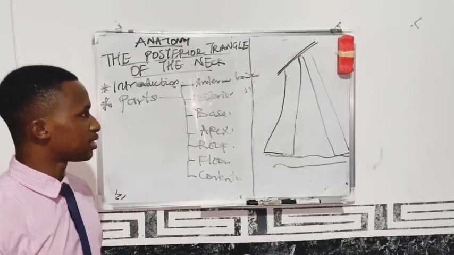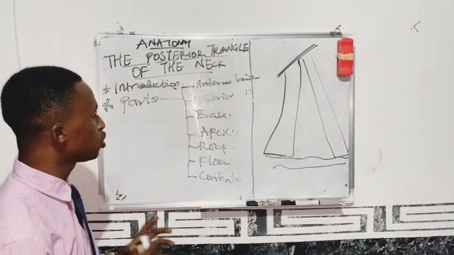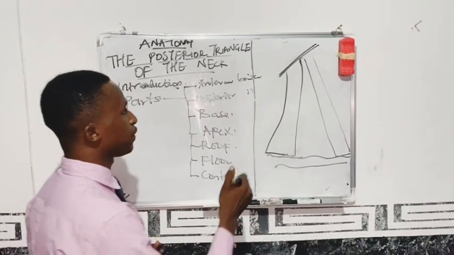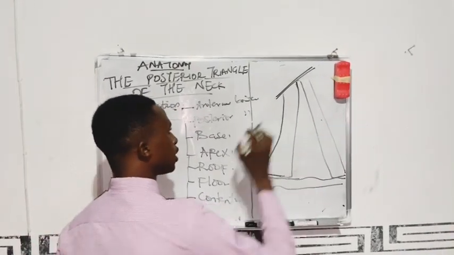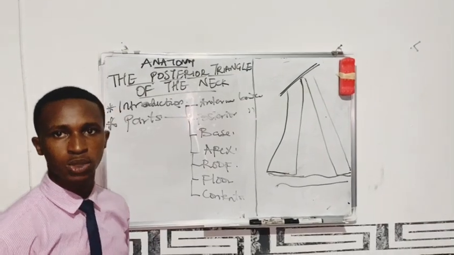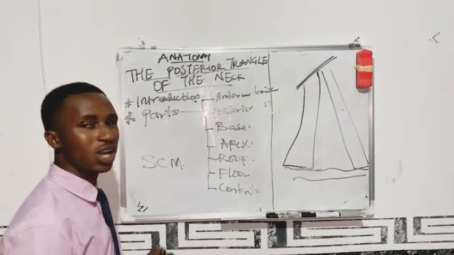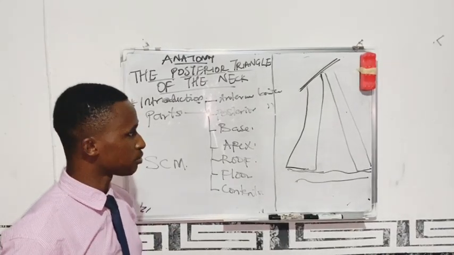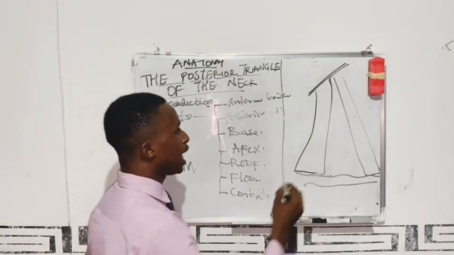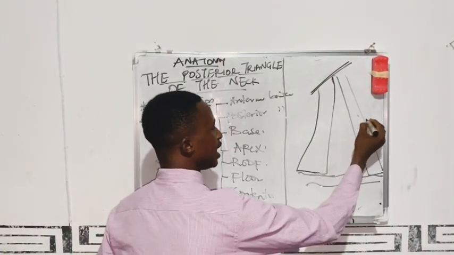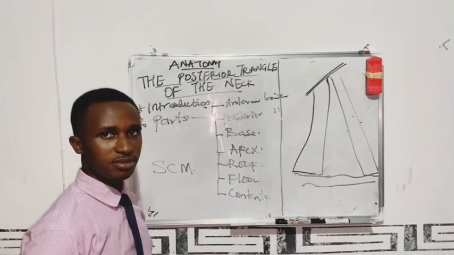First things first, the anterior border of the posterior triangle of the neck can be referred to this structure here. This is a muscle which we refer to as the sternocleidomastoid muscle, SCM for short. The sternocleidomastoid muscle has two borders, the anterior border and the posterior border.